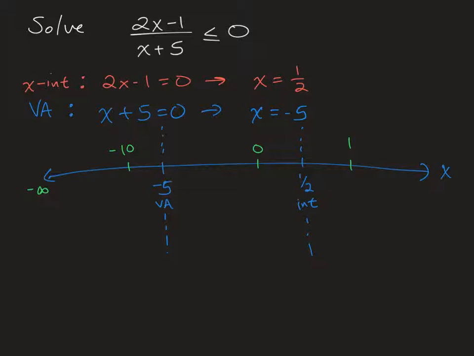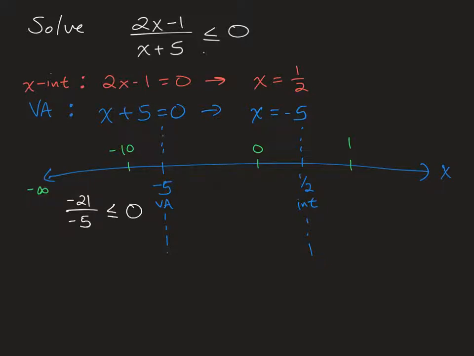All right, so let's see how this works. I'm going to substitute negative 10 into this function up here. So 2 times negative 10 is negative 20. Negative 20 minus 1 is negative 21 in the top, all over negative 10 in the denominator. Negative 10 plus 5 is negative 5, and that is less than or equal to 0.